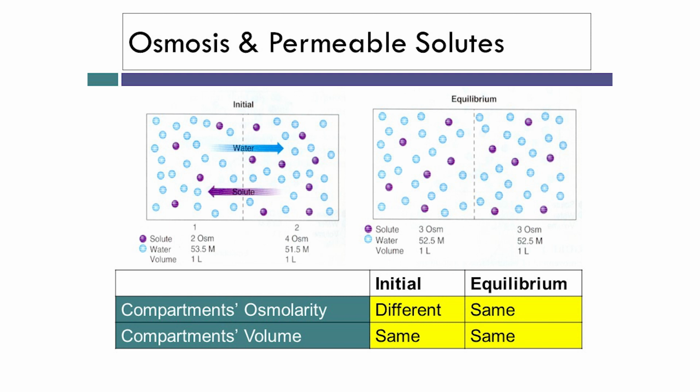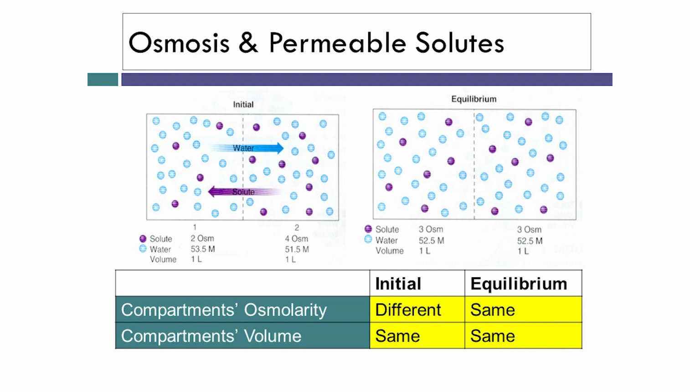Water content, 53.5, 51.5 for compartment number 2. But the volume is the same. Because we say, when you have more solutes, what do we say? We have less water. When you have less solute, we have more water.